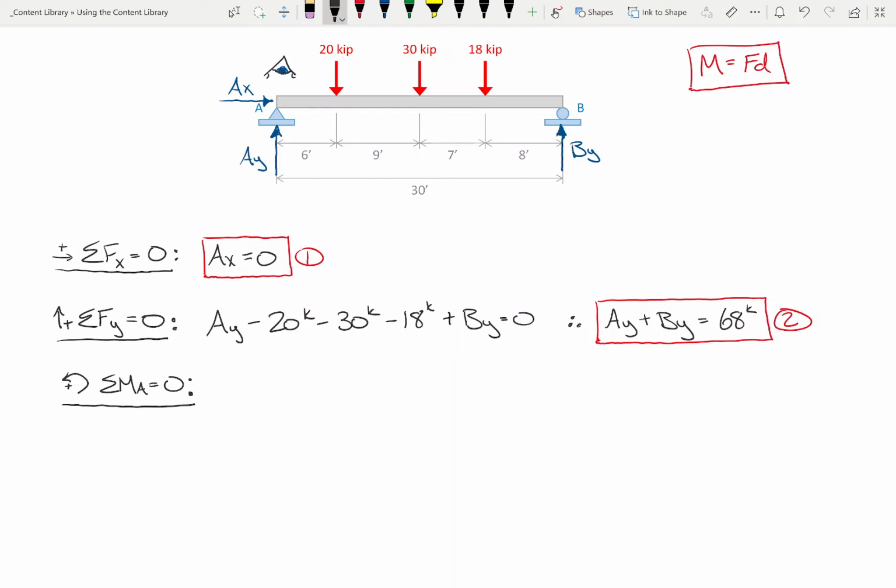Okay. So, if I'm considering point A as the point about which I'm summing moments, does AX or AY generate any moment at A? Does the 20 kips generate moment about point A? Yes. Let's talk about that 20 kips.